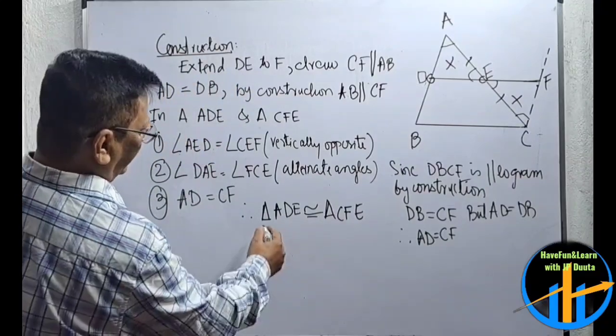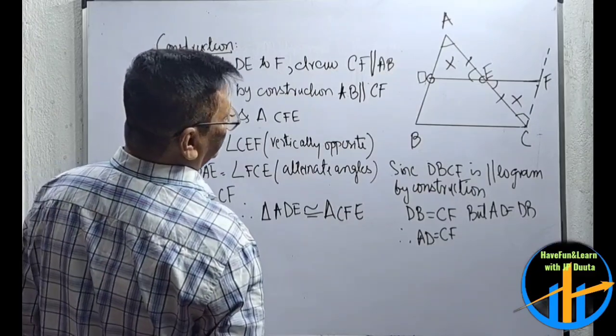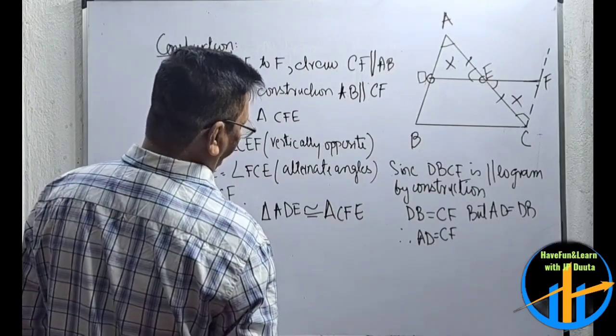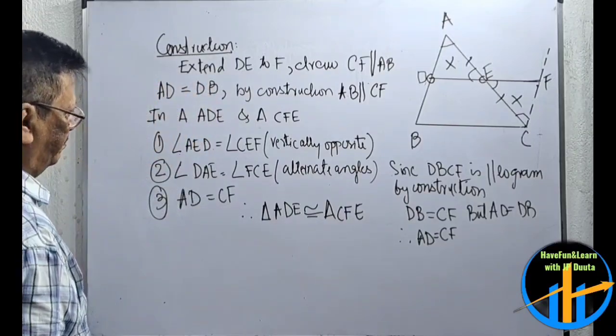Let's check. AD is equal to CF, DE is equal to EF, and AE is equal to CE. And it's correct, right?